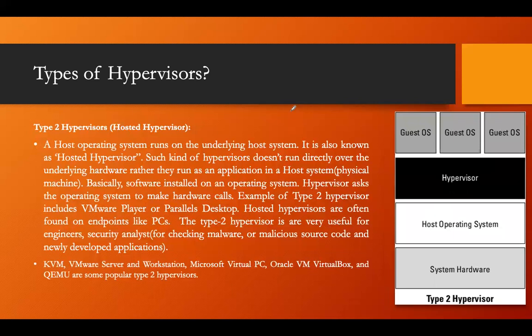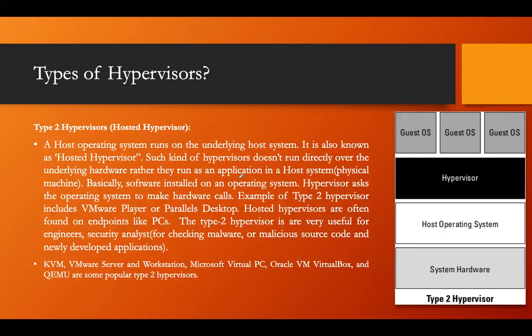Now let's see the type 2 hypervisor, which is called hosted hypervisor. The host operating system runs on the underlying host system. It is also known as hosted hypervisor. Such hypervisors don't run directly over the underlying hardware.